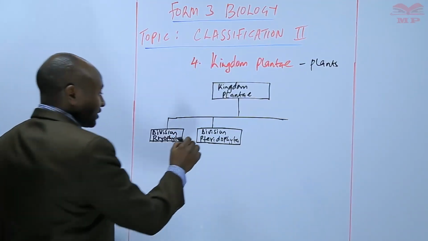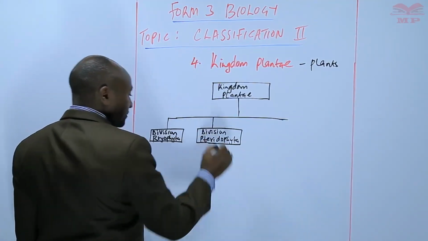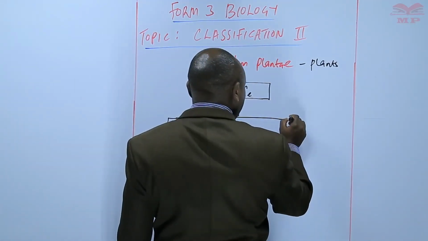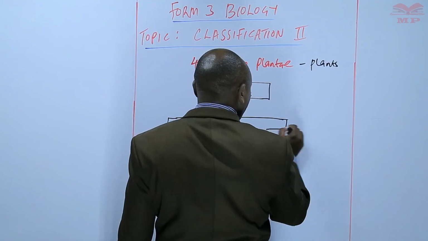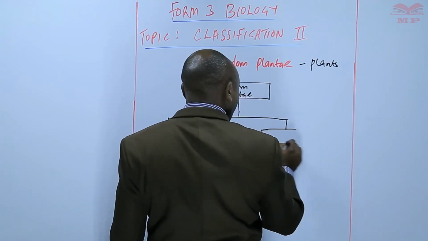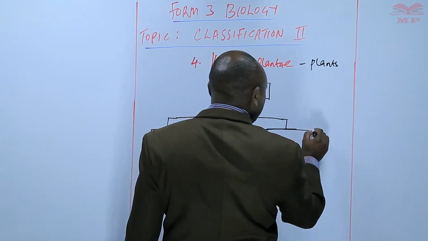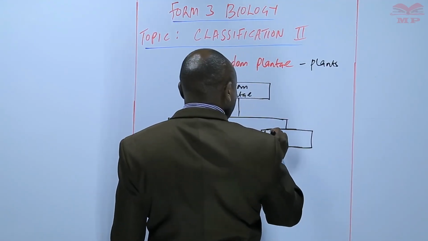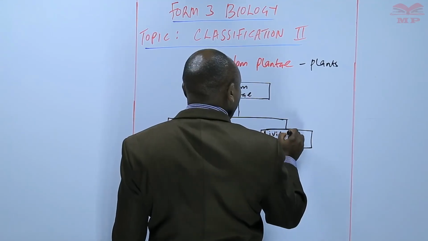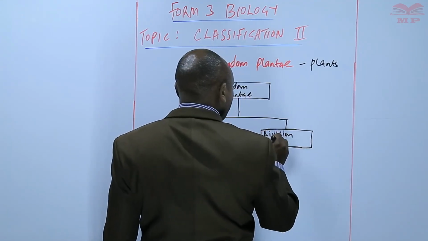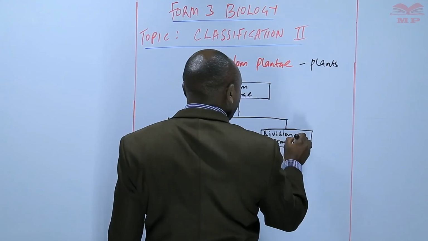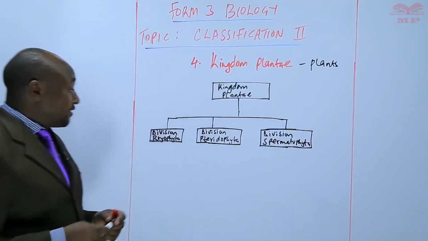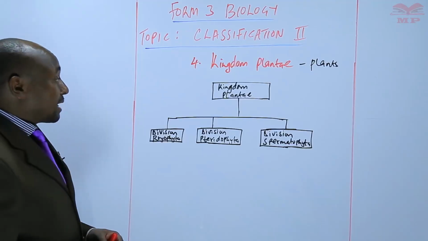Pteridophyta, a silent P. Then we have the largest division, consisting of the highest number of members or different numbers of plants. This is the division Spermatophyta. So those are the 3 divisions that we have in the Kingdom Plantae.